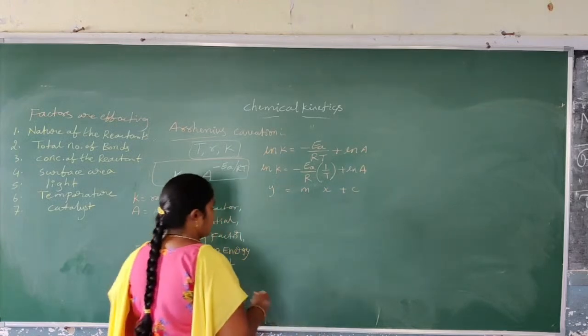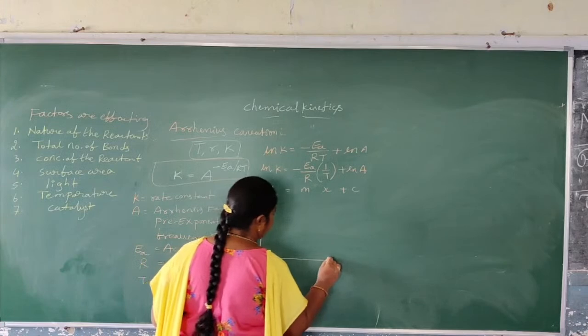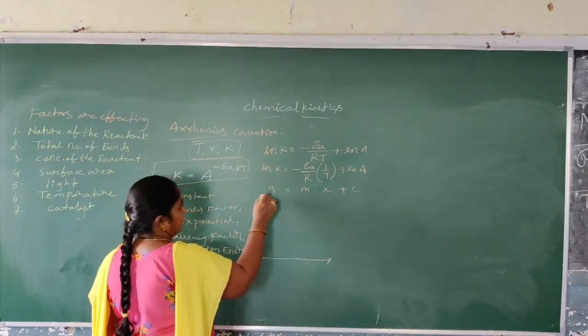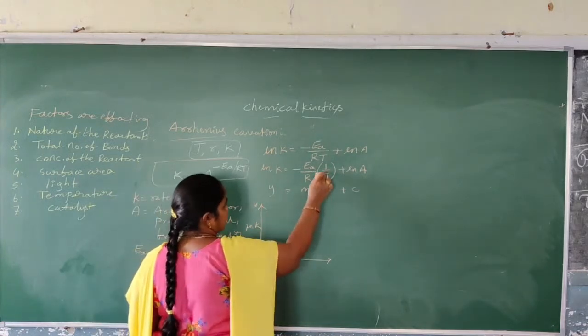Now I can draw a graph for that equation, with ln K on the y axis and 1 by T on the x axis.